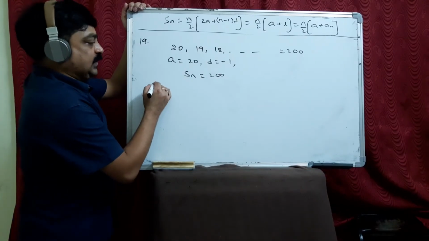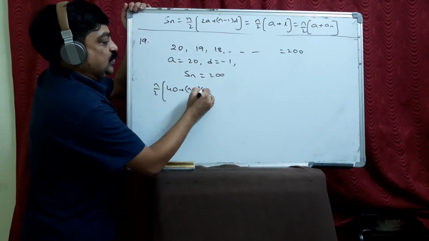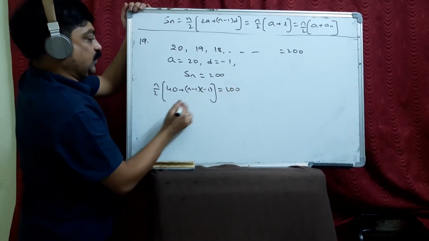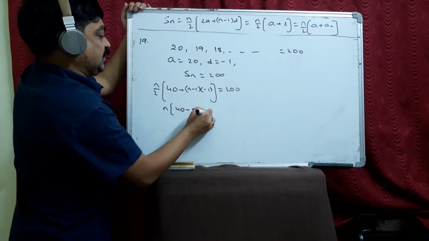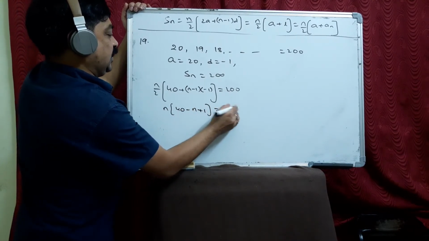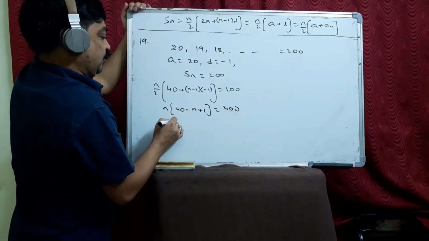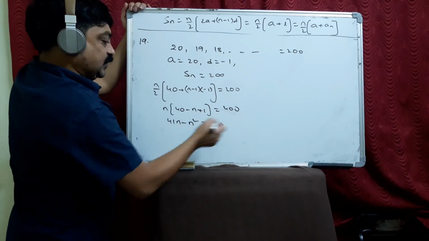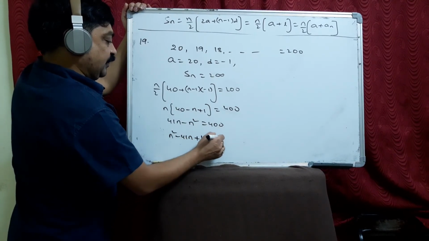Okay. See, n by 2 of 2a plus n minus 1 into d equals 200. Cross multiply this 2. So n into 40 minus n plus 1, equals 200 into 2, 400. So it becomes 41n minus n square is 400. Bring these terms to one side: n square minus 41n plus 400.